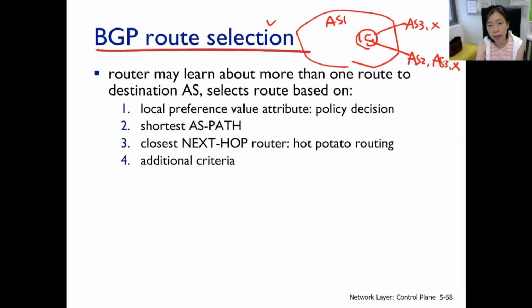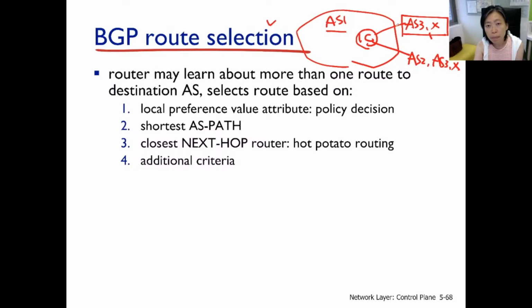In the previous slide, the policy of AS1 is such that we only select this one to import. And so 1C propagates this AS path to all internal routers. Internal routers will then send packets destined for X through 1C and therefore be forwarded to AS3.